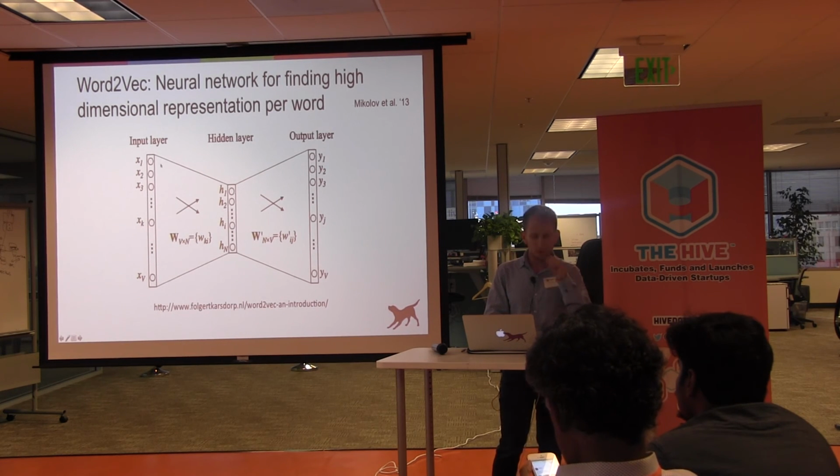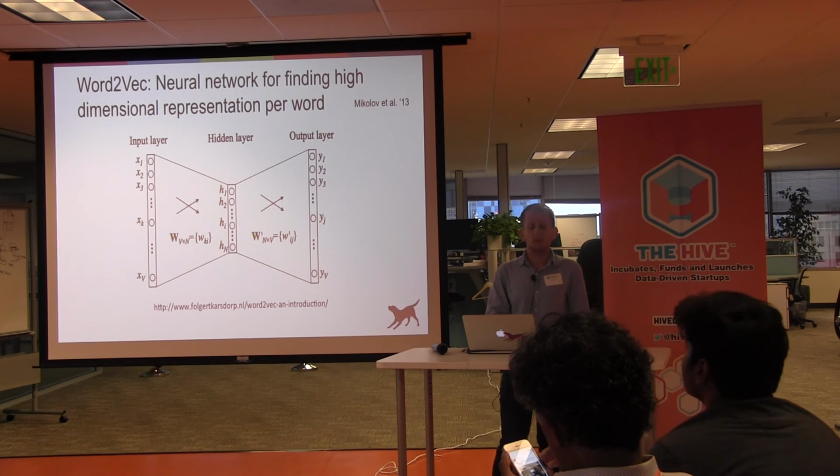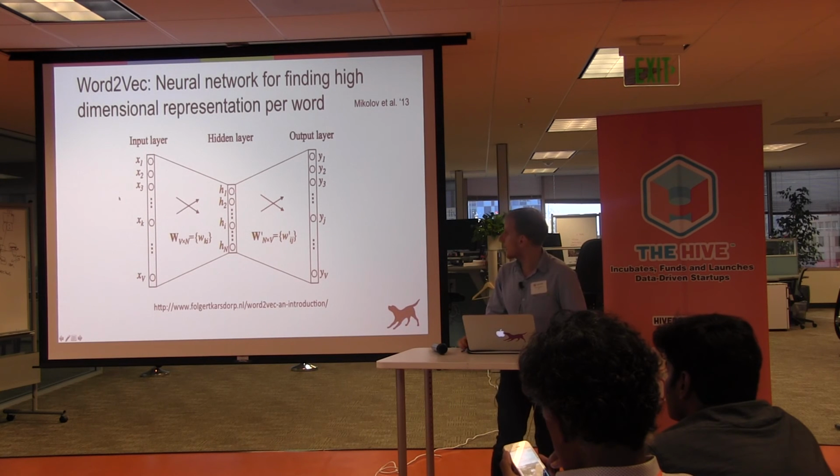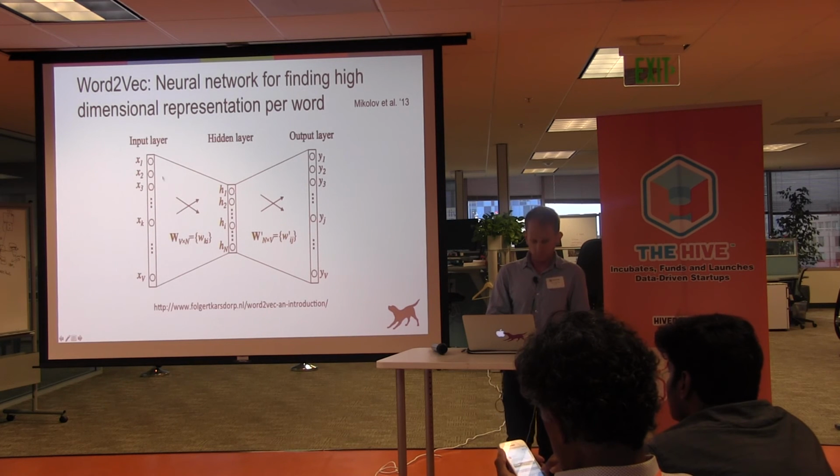And so for each input, you have a one-hot encoding of that word. So for instance, maybe the word dog is represented by index 2 here. So index 2 would have a value of 1, and everything else would have a value of 0.